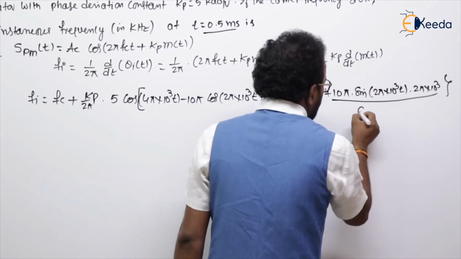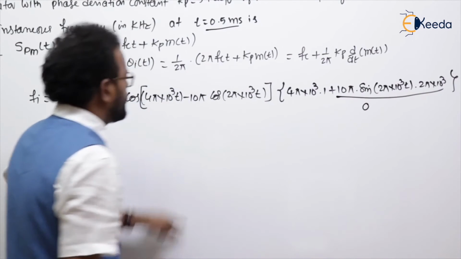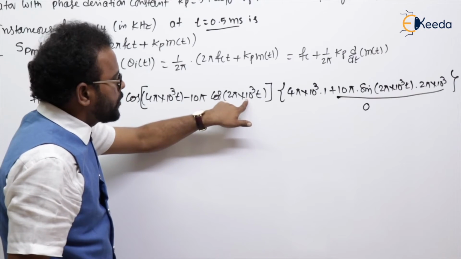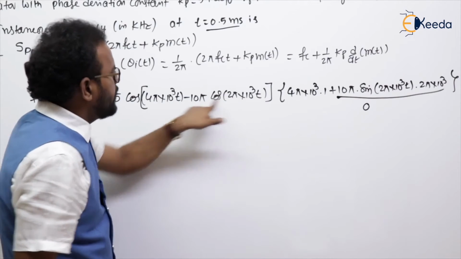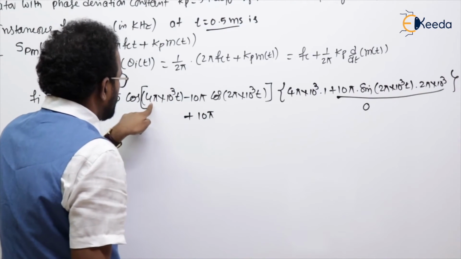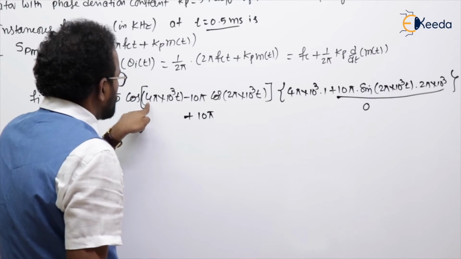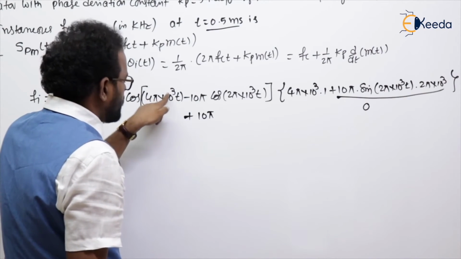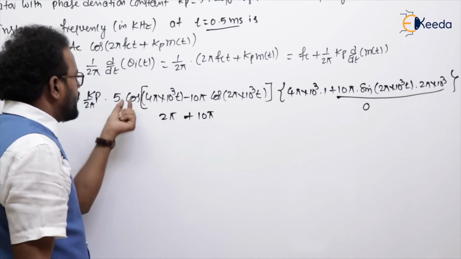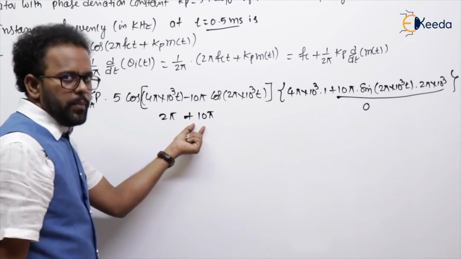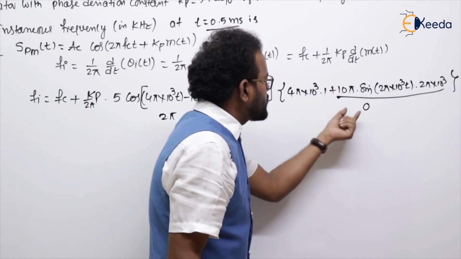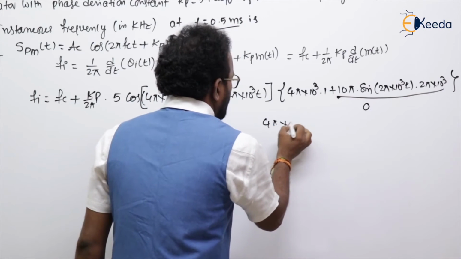So this entire thing will be 0 plus, see, here t value 0.5, 0.5 into 2, 1, milli and 10 cube gone, cos pi is minus 1, minus of minus will become plus, so 10 pi into here t value 0.5, so 2.5s are 2, 2 pi 10 cube that is gone, so 2 pi plus 10 pi, and here what is remaining? Cos of 2 pi plus 10 pi, 12 pi, cos 12 pi is 1, here 4 pi into 10 cube plus 0, so 4 pi into 10 cube.